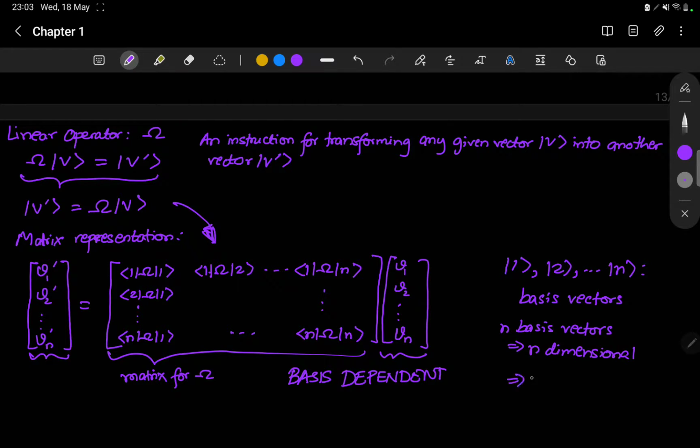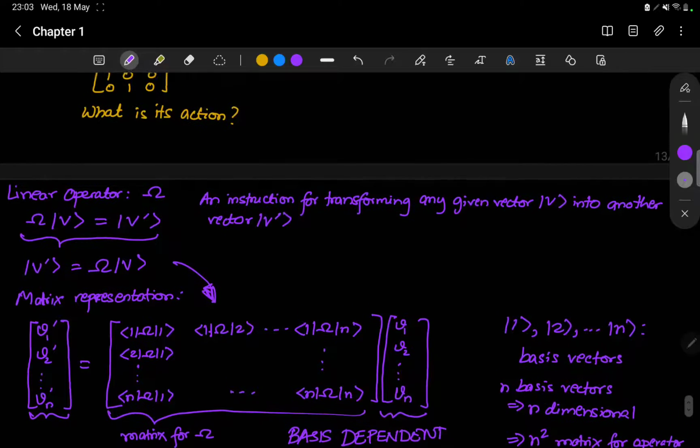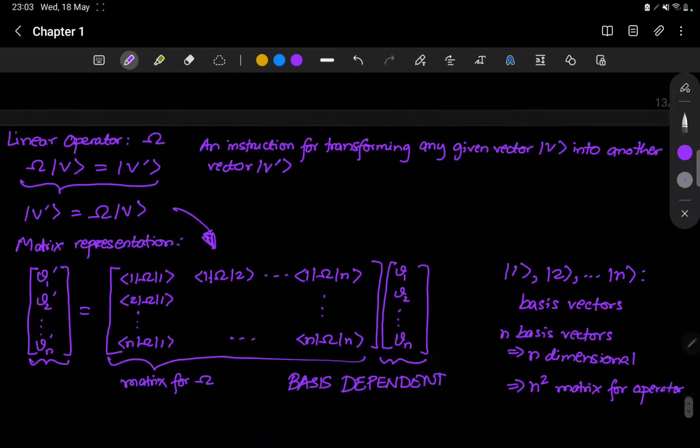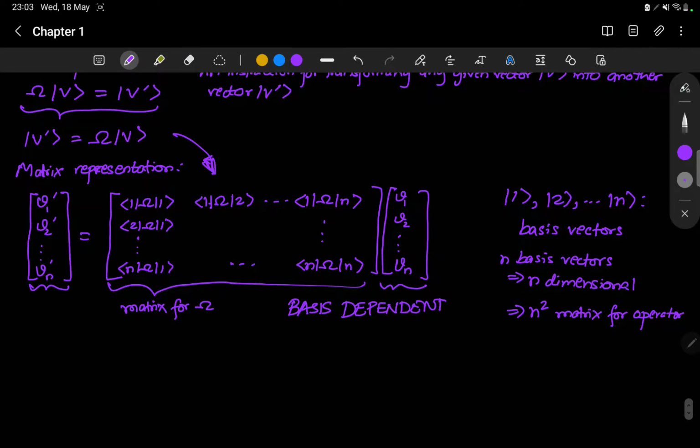So that will give us an n squared matrix for the operator. We see that this matrix for omega has the dimensions n squared. Let us now solve this question.